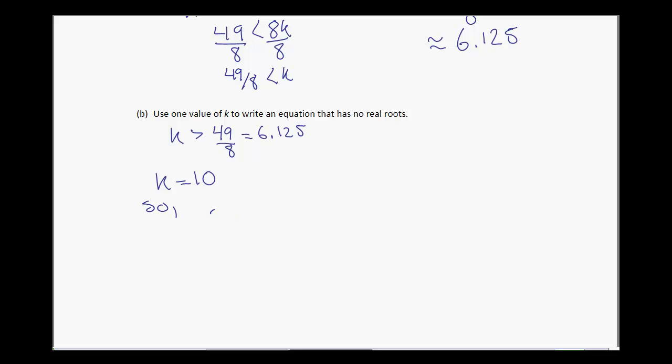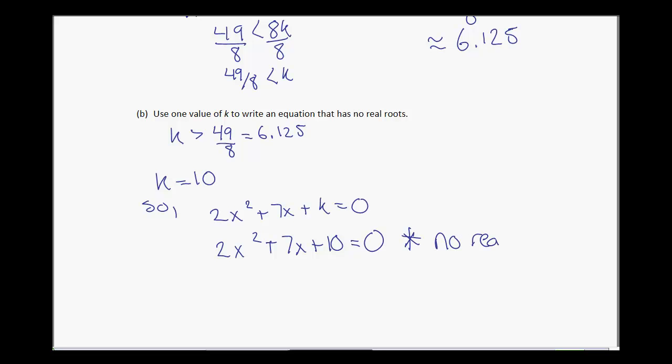Now in our equation 2x squared plus 7x plus k equals 0, we can plug in for k and we have 2x squared plus 7x plus 10 equals 0. And this is an equation which should have no real roots.